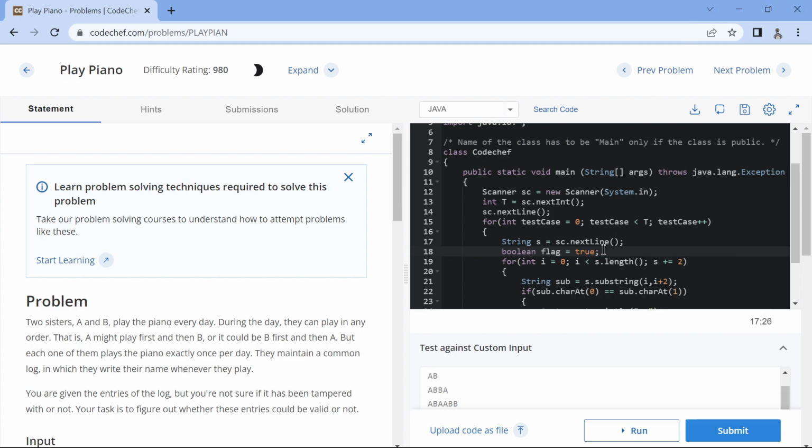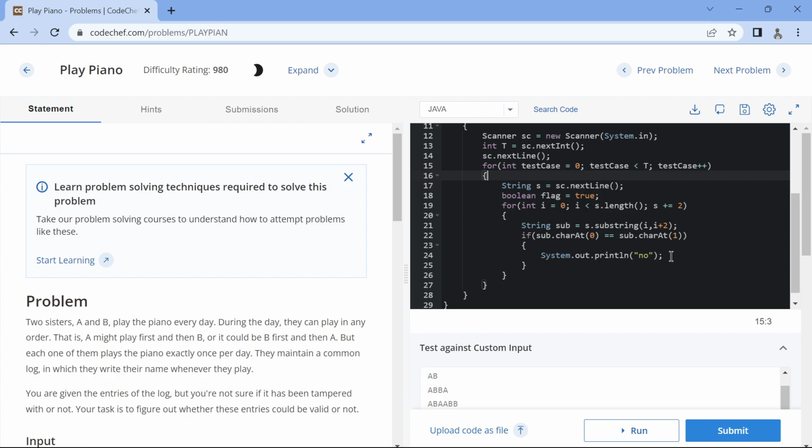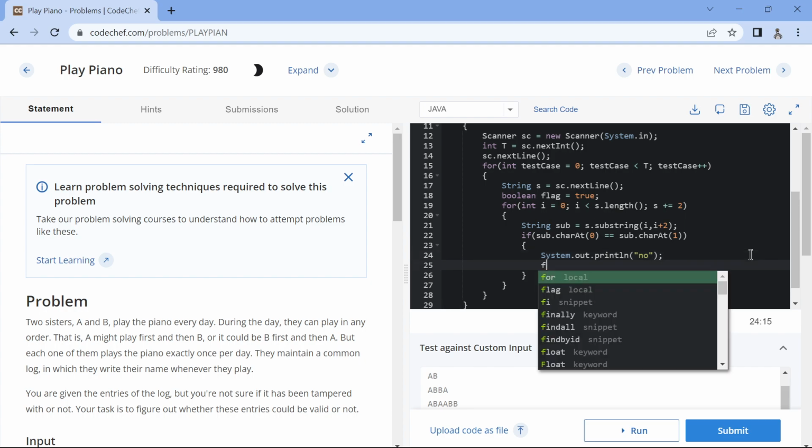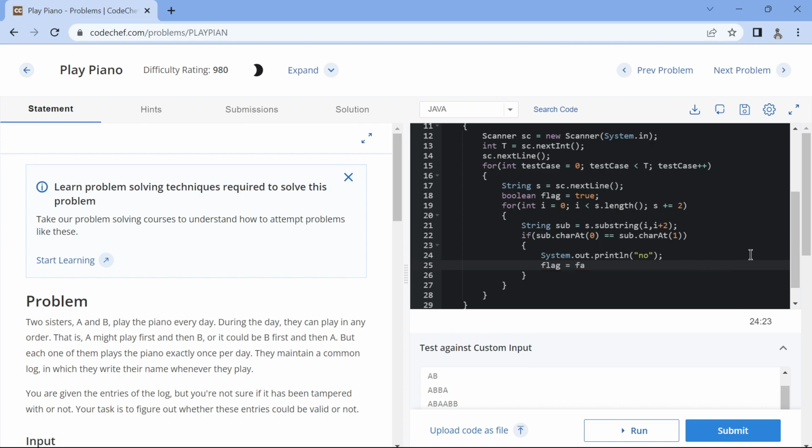This indicates that it has not run into any errors. However, if the two characters are equal to each other, then they appear twice in the same day, and so it would be no. But we're setting flag to false now, just to indicate that no has already been printed, and then we check if flag is true. If flag was true, this would execute, and then we're going to print out yes.